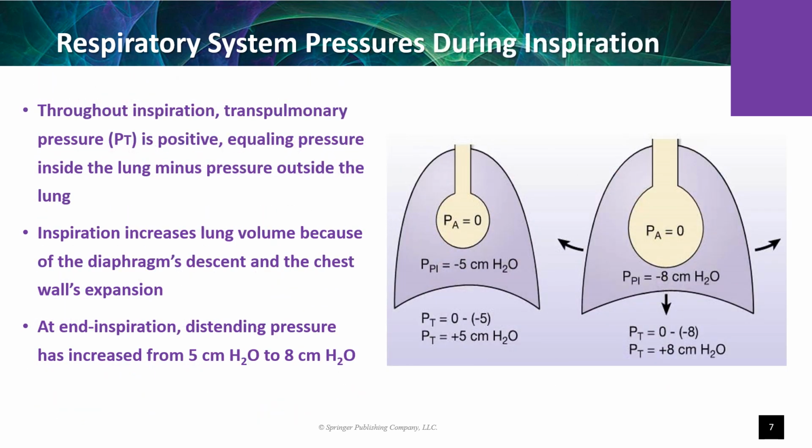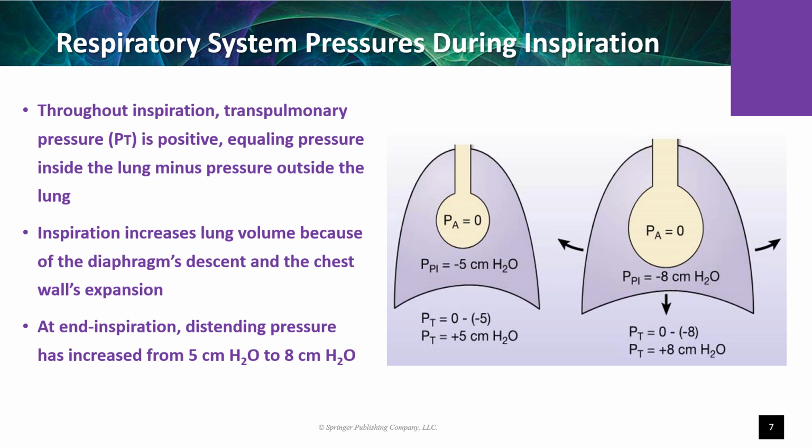The image here depicts lung pressures and volumes at the beginning and the end of quiet inspiration. At the end of a normal expiration, the lung volume is functional residual capacity. The diaphragm and the external intercostals are relaxed, and the pleural pressure is -5 centimeters of water.